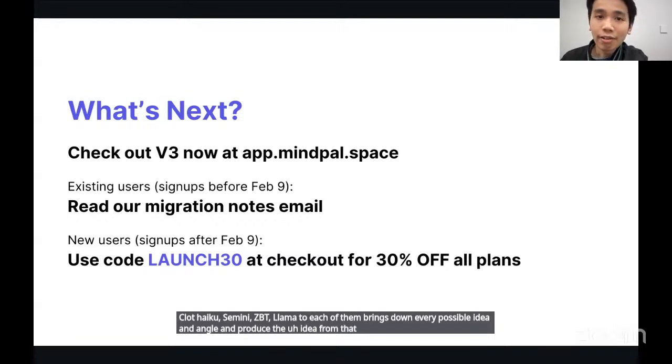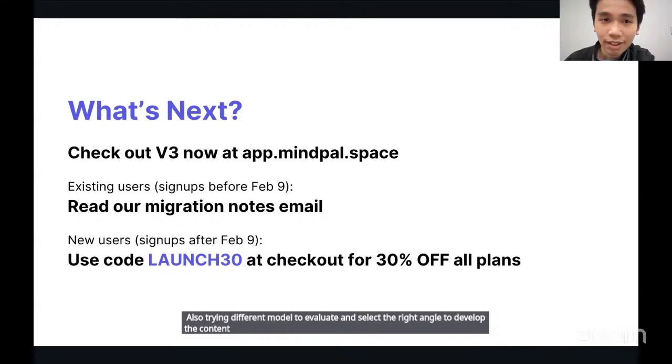Then there are some agents also trying different models to evaluate and select the right angle to develop the content later. And he constantly makes money with that workflow. And I think that is the most impressive.